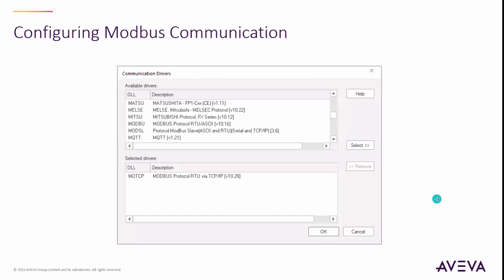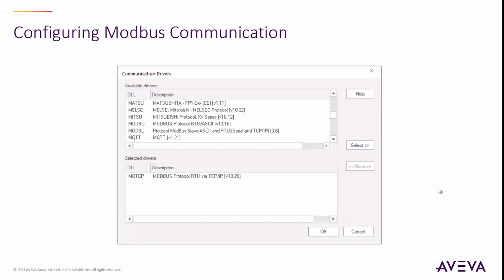All right, so now I want to walk through how we can actually set up communication with Modbus and AVEVA Edge. Actually configuring communication with a device in AVEVA Edge is very simple. Within the Edge development environment, you can click to add a communication driver, and that will then open up this window showing you all of the communication drivers that are available.